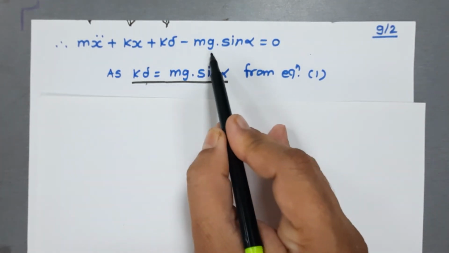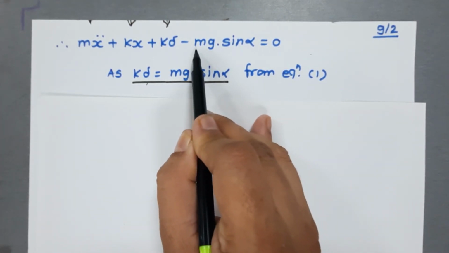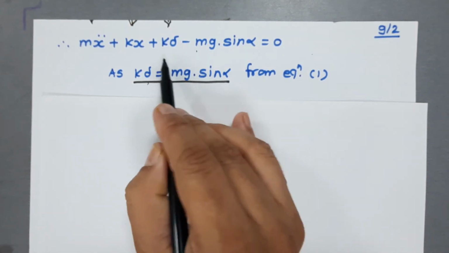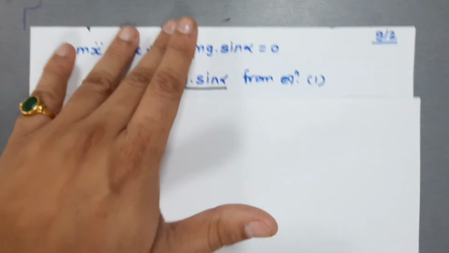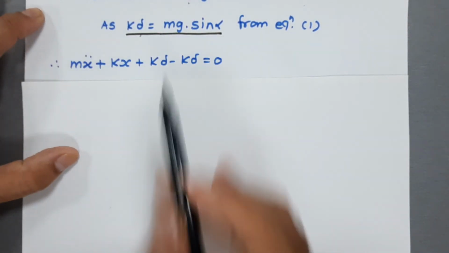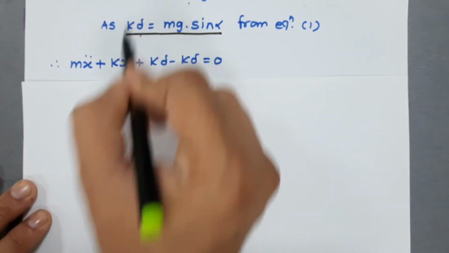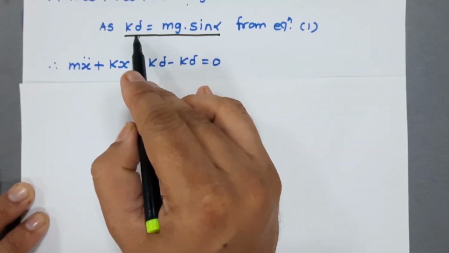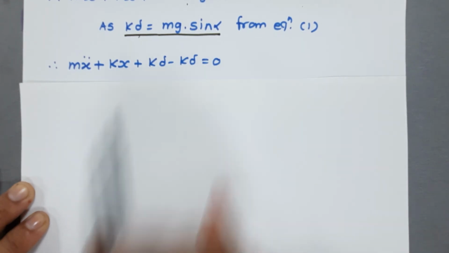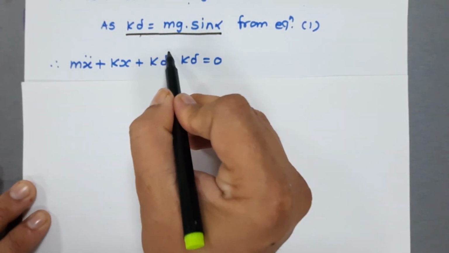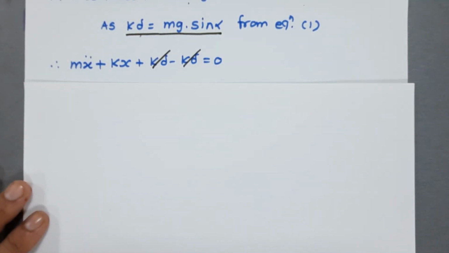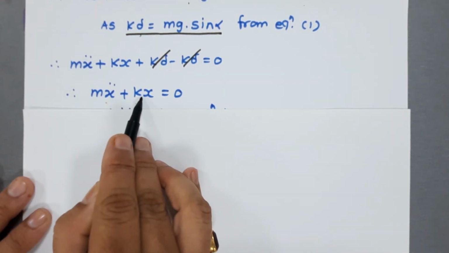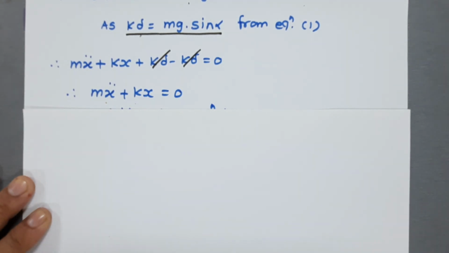So in the above equation I put mx double dot as it is, kx plus k delta as it is, and I replace mg into sin alpha by k delta from equation number 1. Now plus k delta and minus k delta get cancelled, so I have the equation mx double dot plus kx is equal to 0.